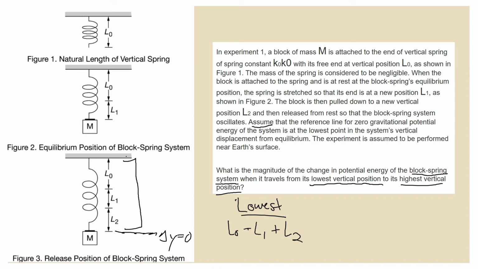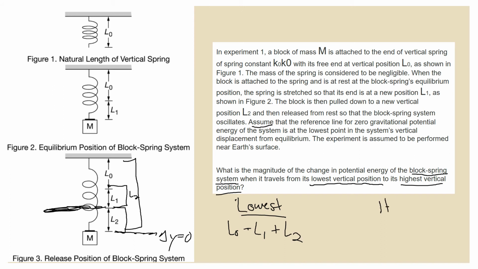But as we said, the highest position is going to be basically the positive amplitude, if you will. And we said this oscillation is symmetrical. And so this L2 here, that this block goes below this line, this is like the distance it's pulled down to make it oscillate, it's going to go that distance L2 above that line.